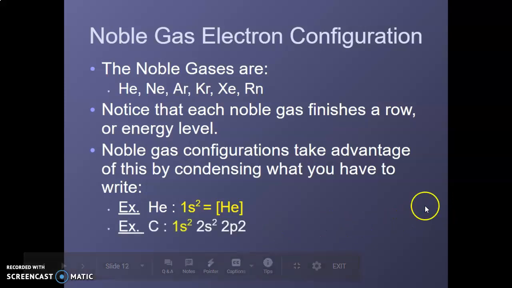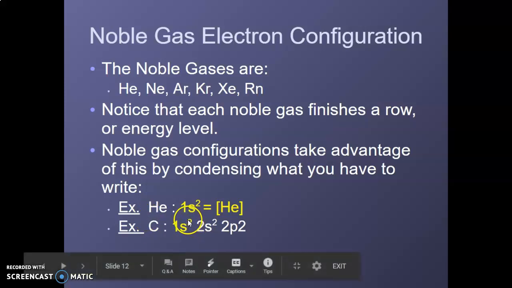Here's another example. So let's say that we're dealing with carbon. Carbon is not a noble gas, but carbon in its neutral state has 6 protons and therefore 6 electrons. Its complete electron configuration would be 1s2, 2s2, 2p2. That adds up to 6. And take a look.